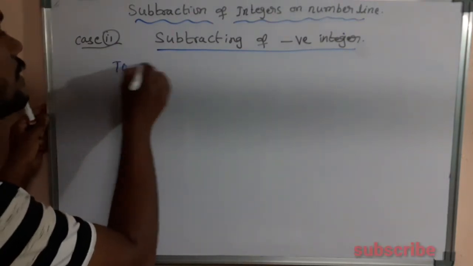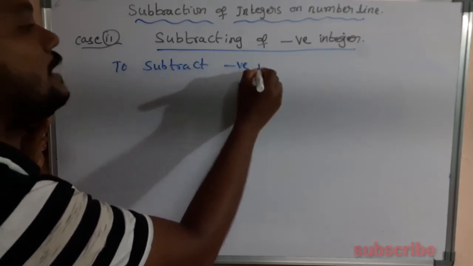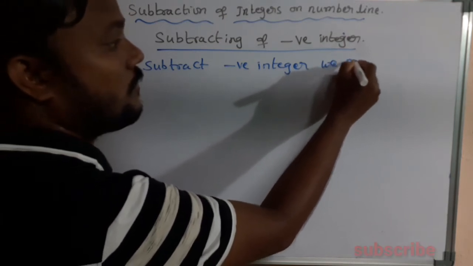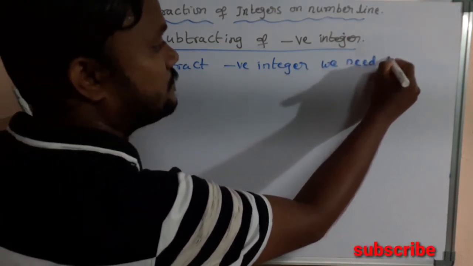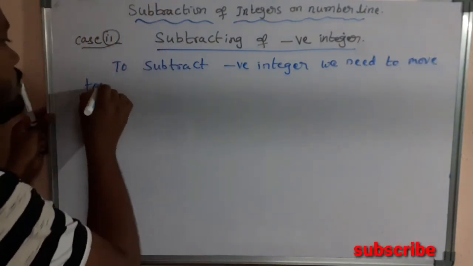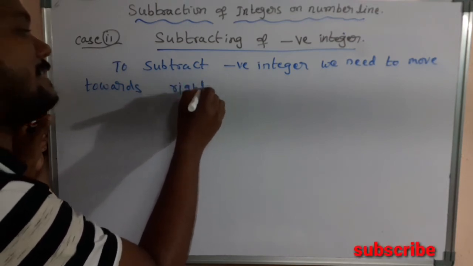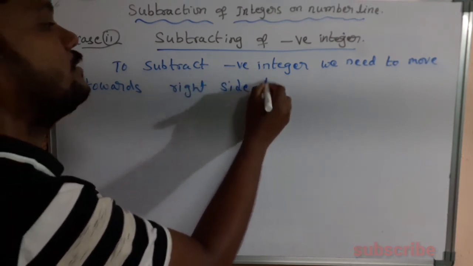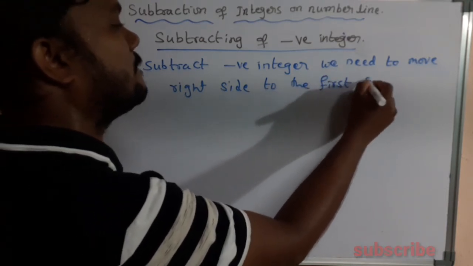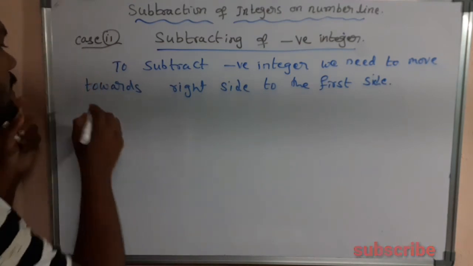So to subtract a negative integer, we need to move towards the right side of the first number on the number line. Okay, so let us take an example.